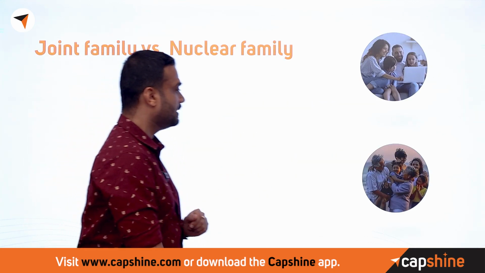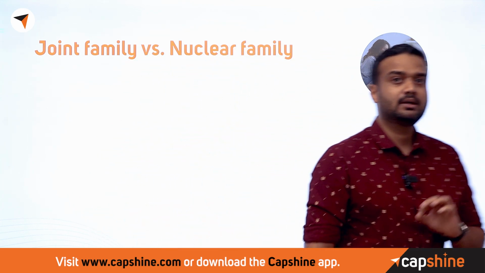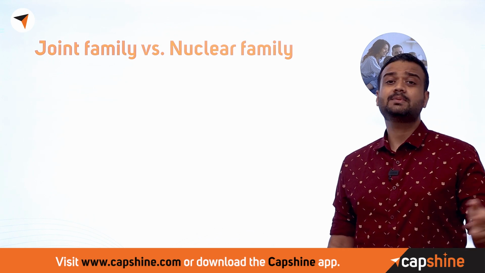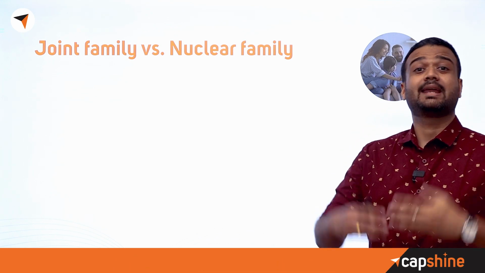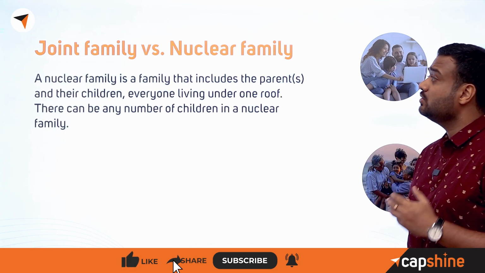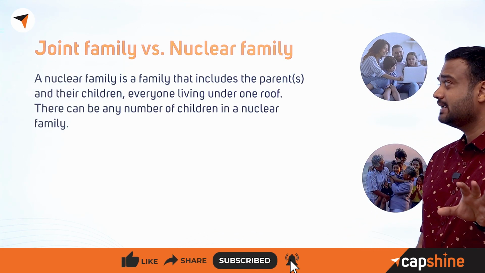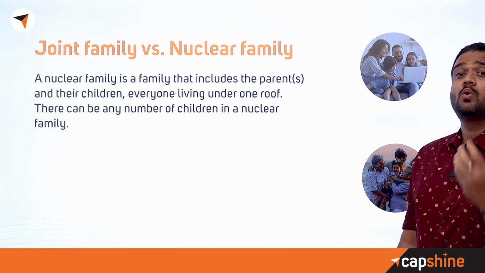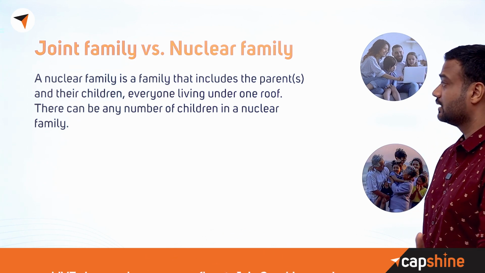Before we go forward, a quick difference between joint family and nuclear family. Sometimes people live with their families, their extended families, and this is called a joint family. A nuclear family is a family that includes parents and children. So if I were married, me, my wife, and my kids would be a nuclear family.